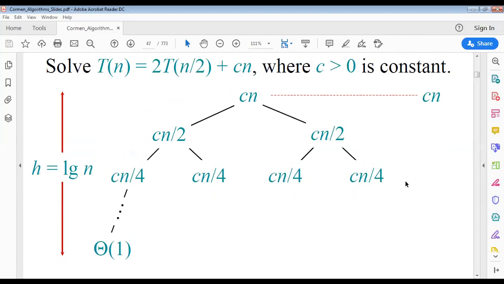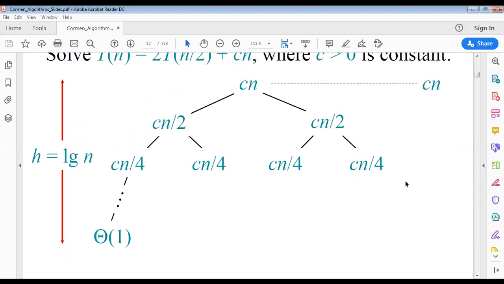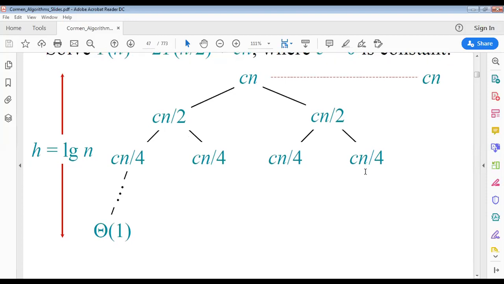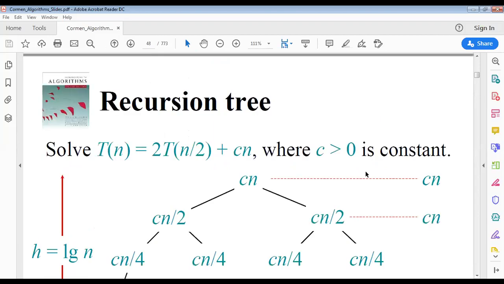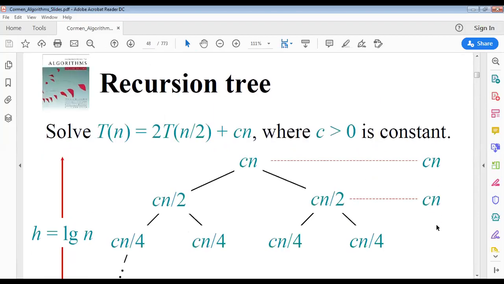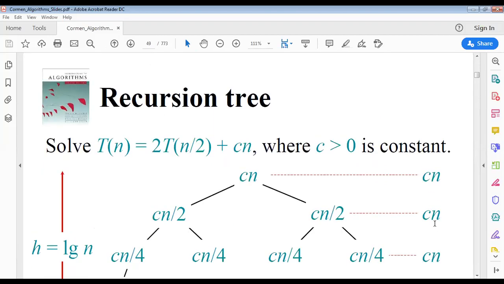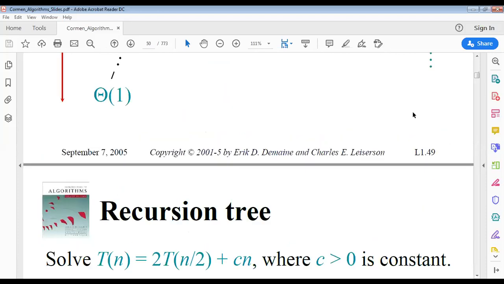The cost at each level should be summed. At the first level it is cn. At the next level, if we sum cn by 2 plus cn by 2, we get cn. Similarly at the next level we get cn, and this continues at each level.